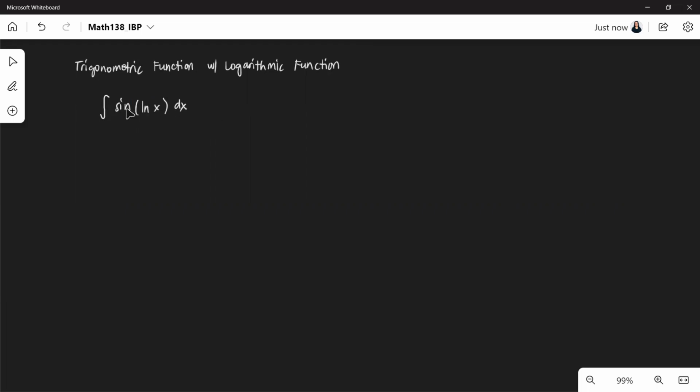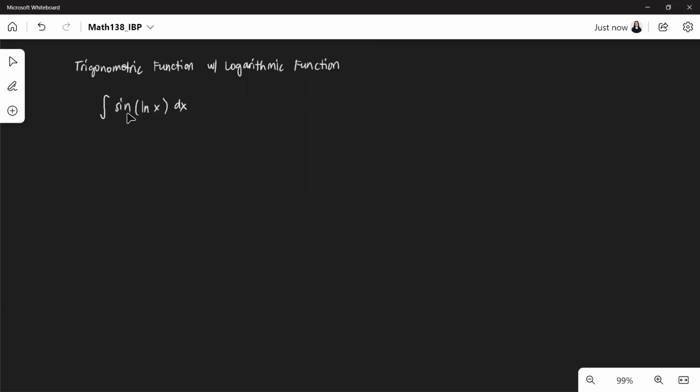Take note that this is just one function wherein the main function is trigonometric. The ln of x is the angle. Please do not separate sine without any angle and then the second function ln of x.